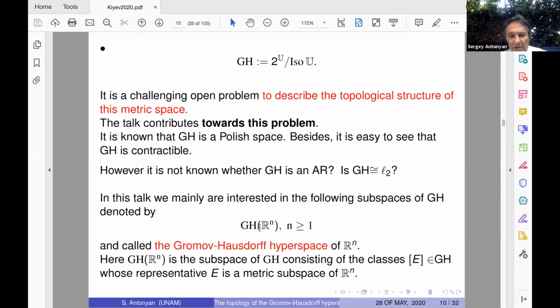By definition, this consists of all those classes of compact metric spaces which are isometrically embeddable into the Euclidean space Rn. By Rn, we mean the standard Euclidean space with the metric square root and so on.